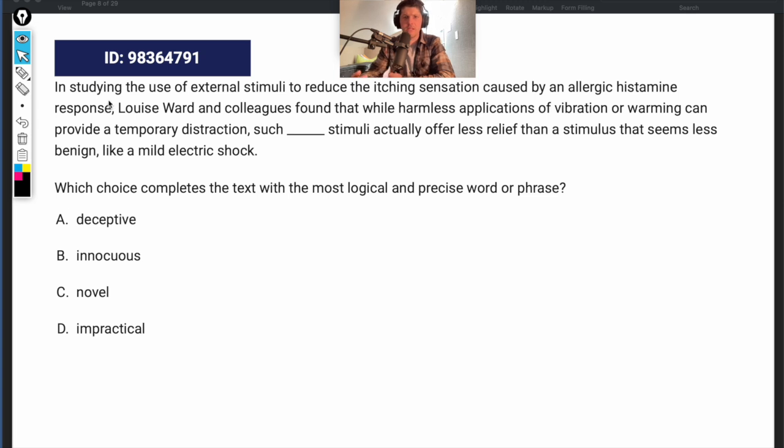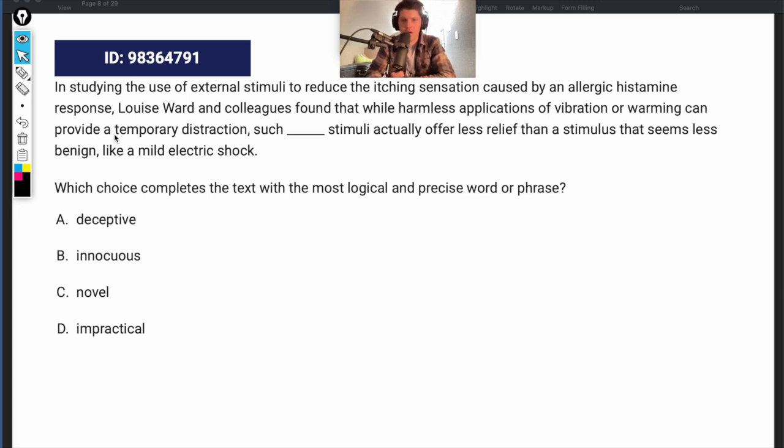Okay, so somebody is studying how external stimuli, sort of things from the outside, some sort of feeling coming from the outside, can lower the amount of itching that you feel from an allergic reaction.